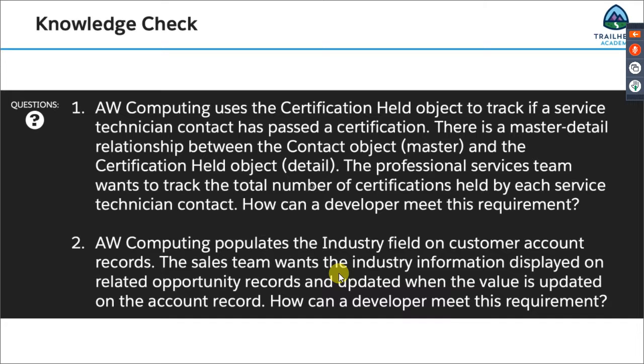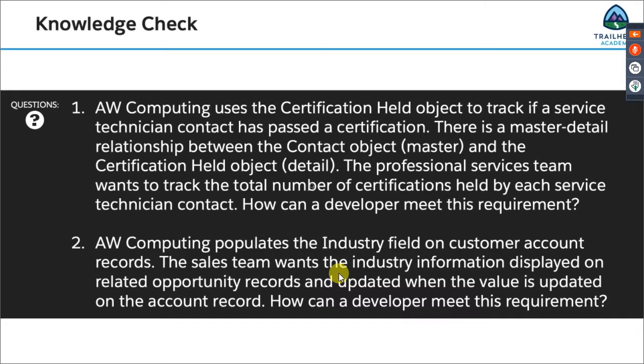All right. There is a master detail relationship between the contact object, master, and the certification held object, detail. Stop. Go back to your piece of paper, draw another box for the contact, and draw a line between those two.